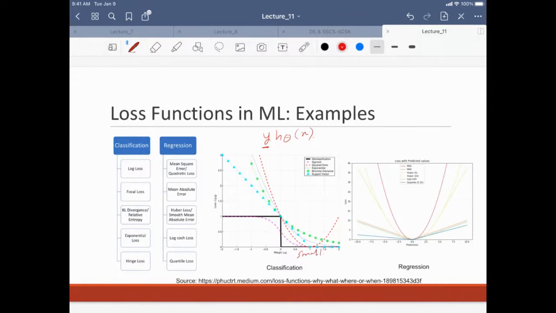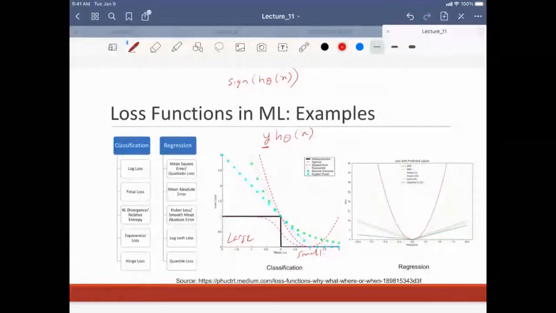But if they have signs opposite of each other, then we want the loss function to be large. Why do we want it to be large? Because they are contradicting each other. Somehow h theta of x is not able to predict the same sign as y. The reason is that in classification, we will oftentimes use the sign of h theta of x as the final prediction in binary classification. So that's the intuition of loss functions.